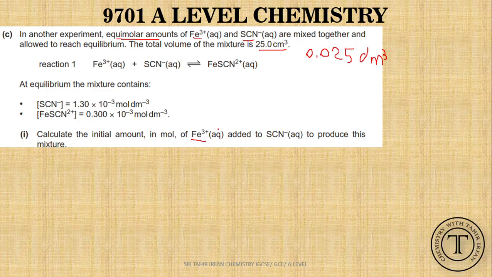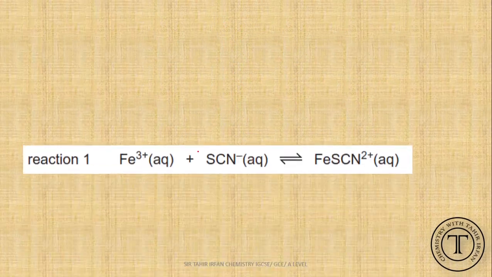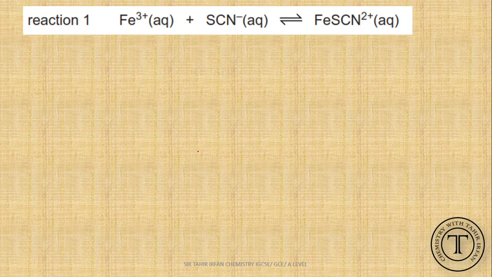That's not given here. To attempt this question, we take help from the ICE table. Now we have 3 substances here. We know the moles of iron 3 plus and SCN are equal.